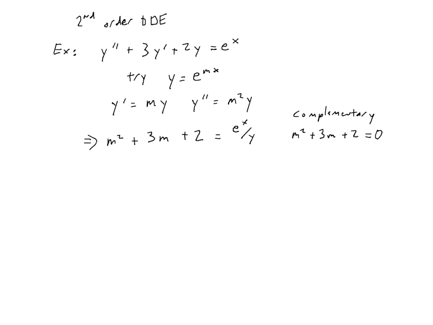And so when you solve this, what this is going to give you is the solution for y, which doesn't contribute anything to the right-hand side. And then you've got another solution from here, which is going to contribute something to the right-hand side.